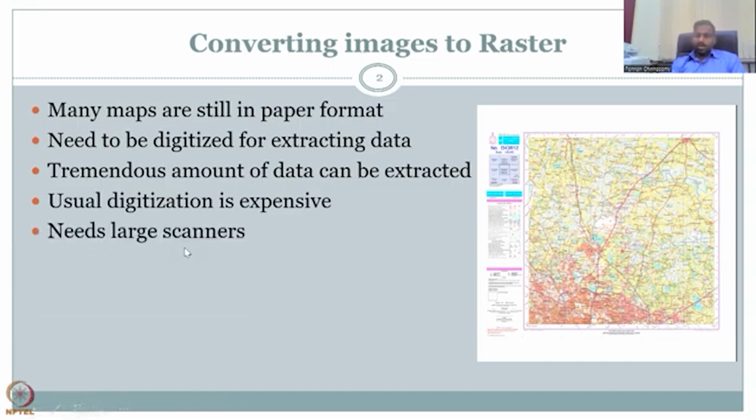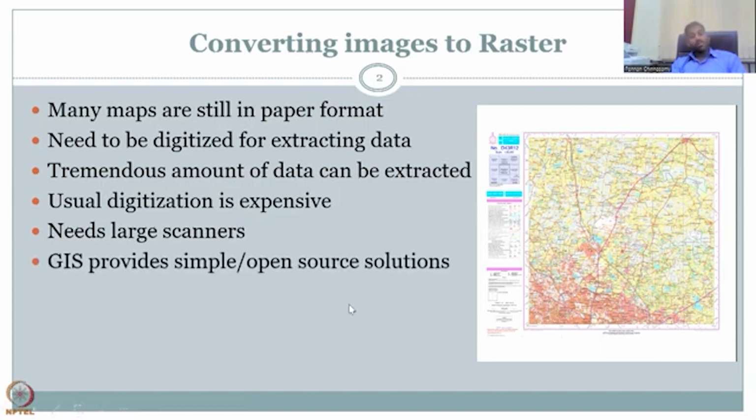So large scanners are needed, as I explained, and printers to make these maps. But GIS provides a simple and open source solution for all of this. So instead of asking someone to do it who you have to pay, we are going to make mappers through this lecture.